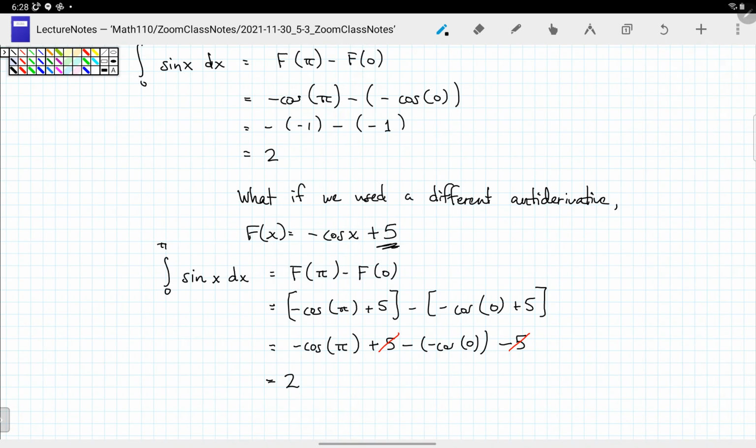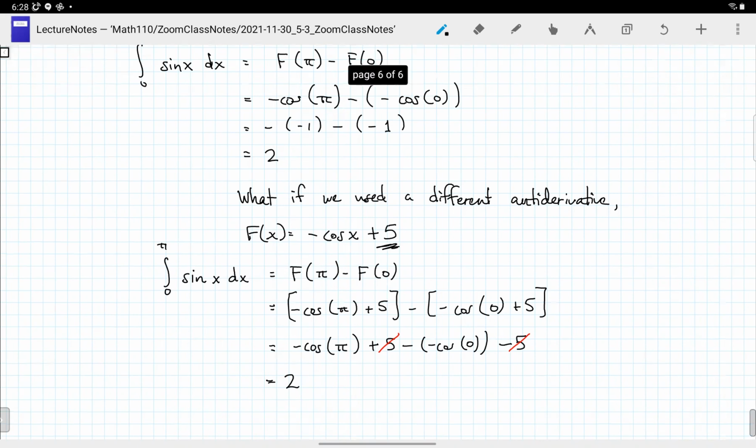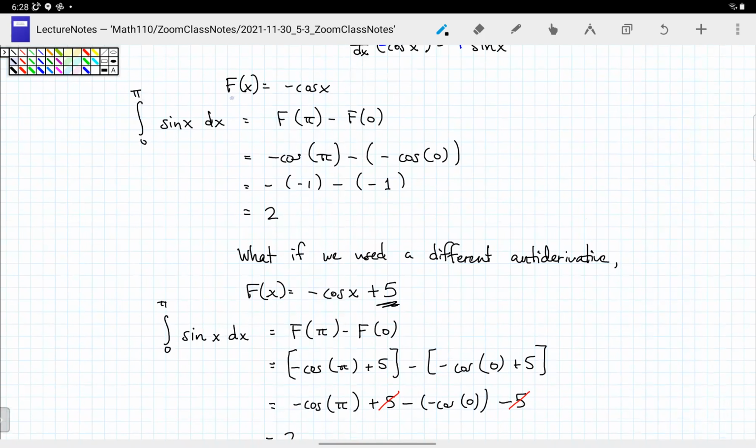Okay. The last thing about this is that this feels very notation intensive, where we say, let's name an antiderivative and then this integral would be F of pi minus F of 0.